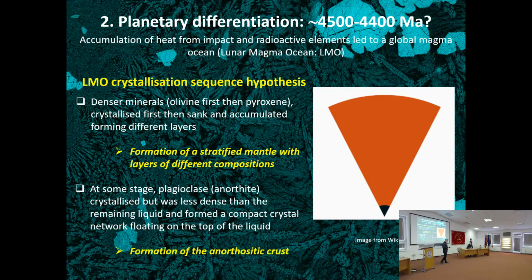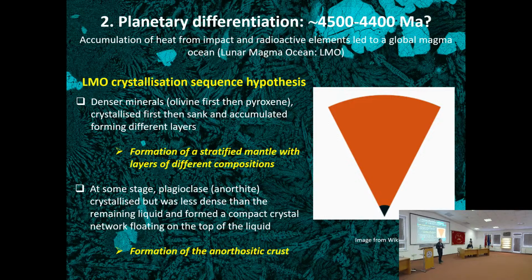So after this initial formation, we have the process of planetary differentiation. Again, we don't really know when that happened, between 4,500 to 4,400 million years. What we understand is that, again, after this giant impact, we have a lot of heat accumulated.